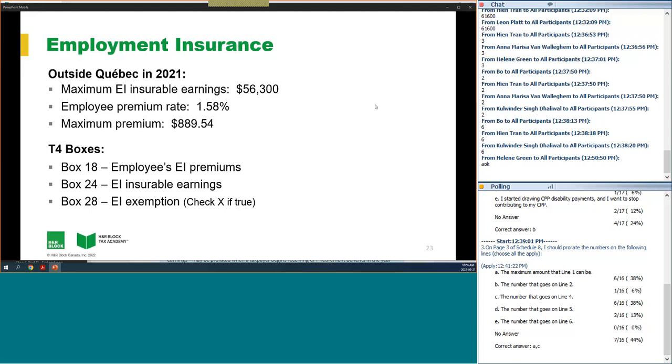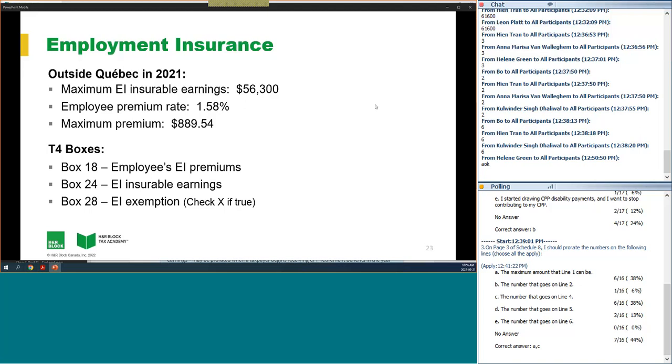Federally speaking, because we're talking federally now, we have employment insurance, and you have to pay employment insurance on 100% of your employment income. So from the first 25 cents you earn, you pay into EI. Remember that CPP had age limits.